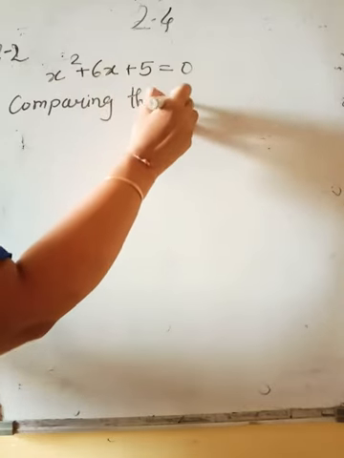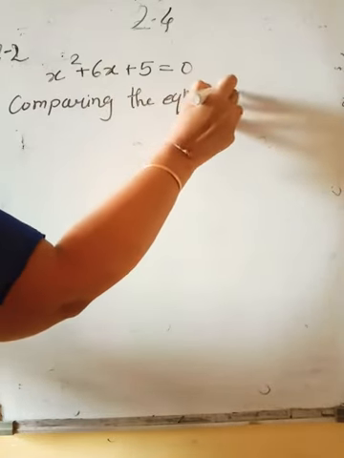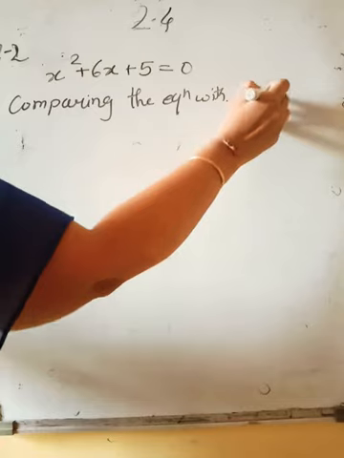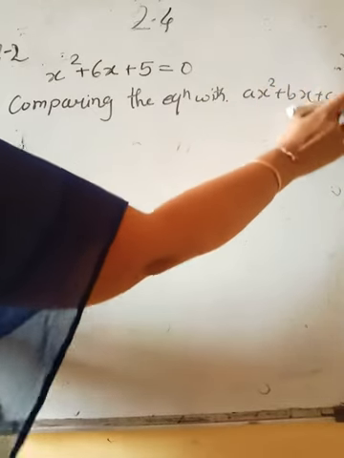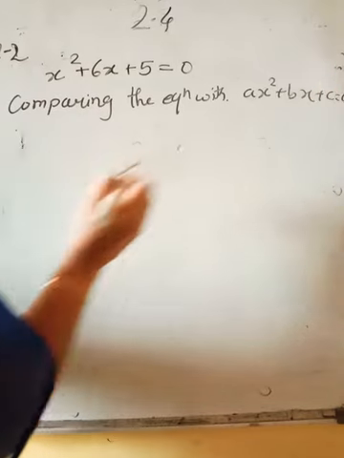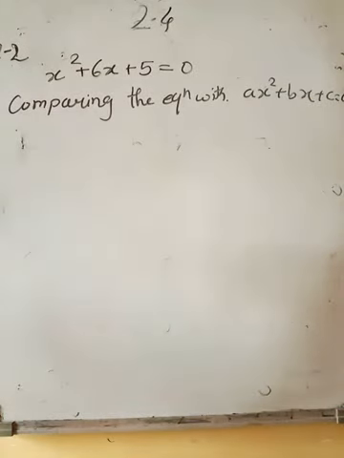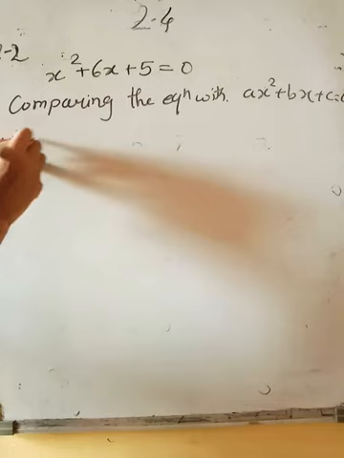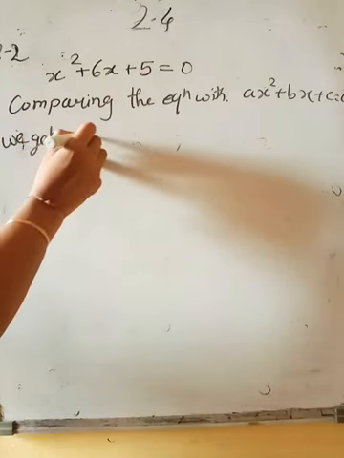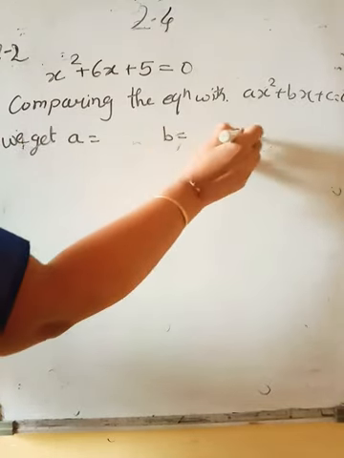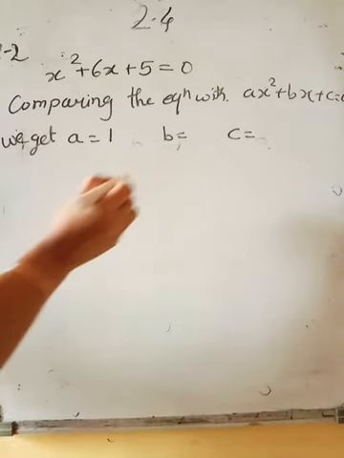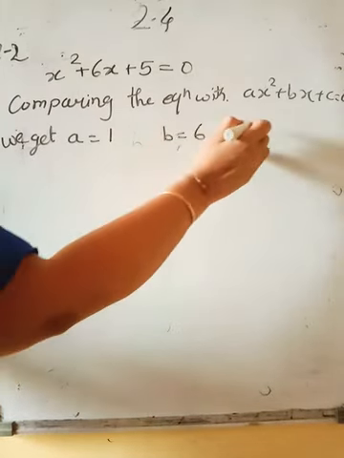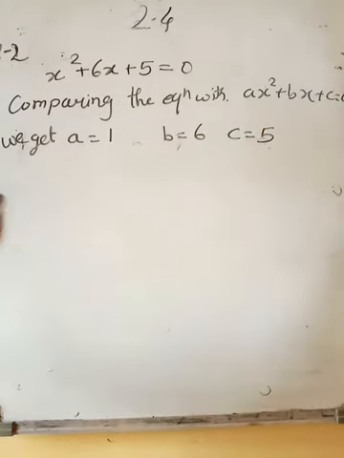Comparing the equation with ax square plus bx plus c equal to 0, what we will get? A equal to, b equal to and c equal to. A is 1, b is 6, c is 5.